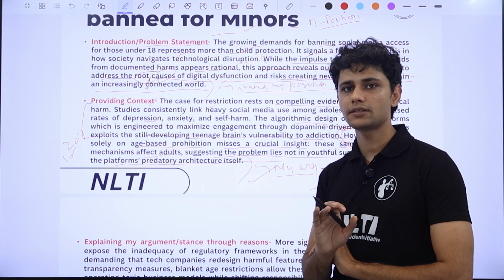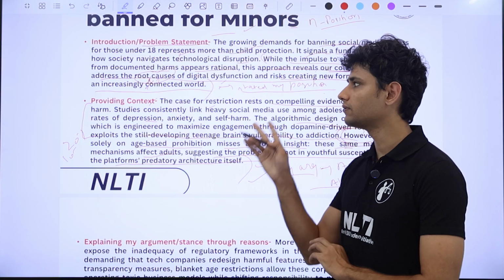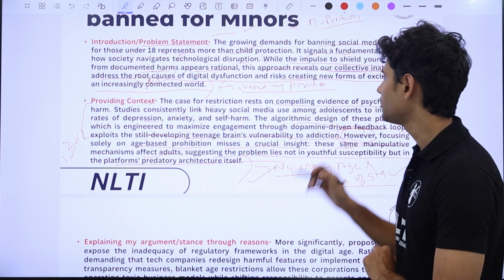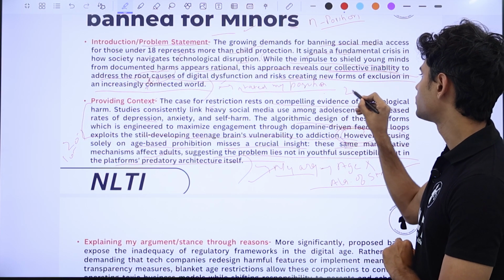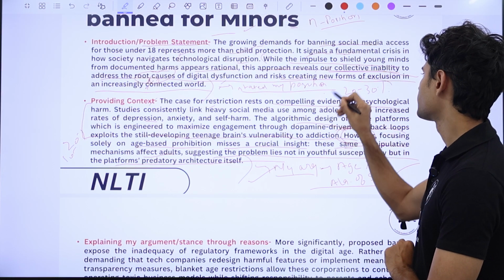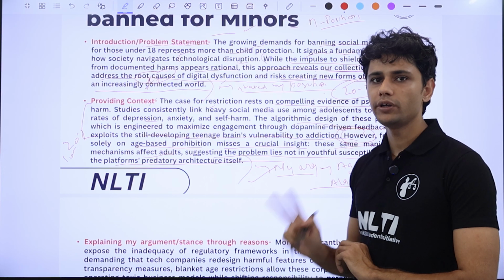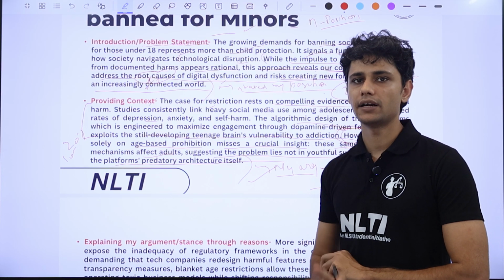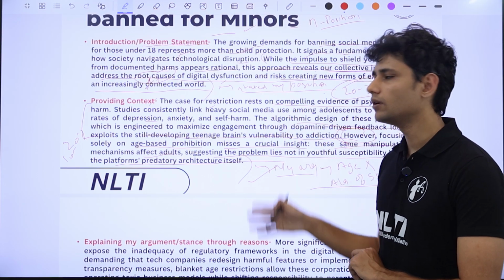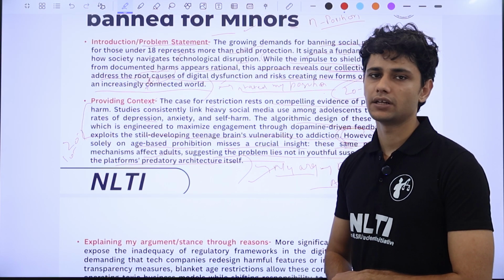So in that sense, we have done two things in these first two paragraphs, which will, I think, constitute about 20 to 30% of your whole essay. So these are the two important things you need to do right away when you start writing your essay, and I hope this is visible in this essay topic discussion.